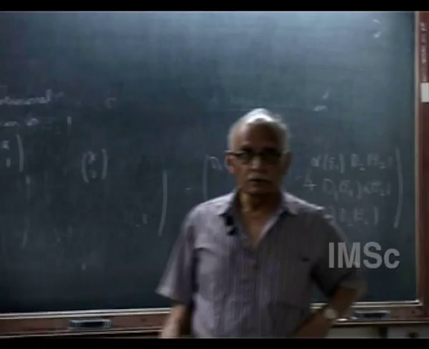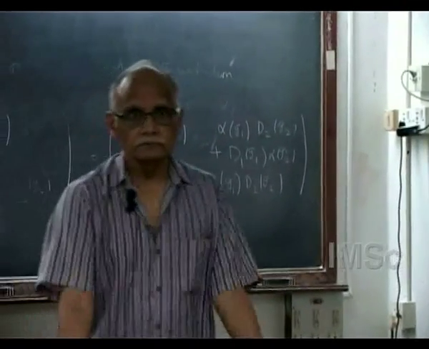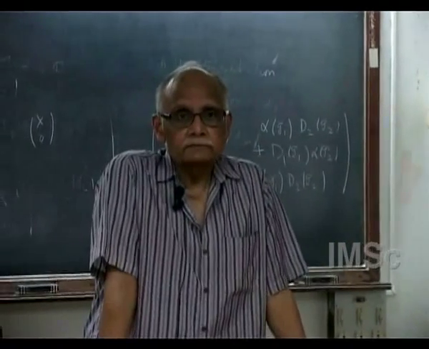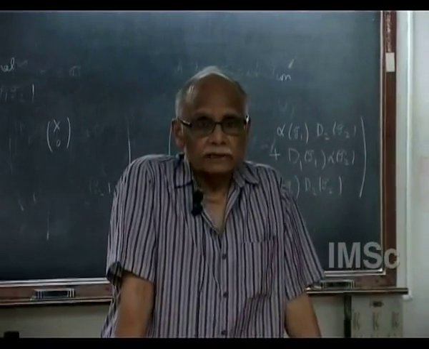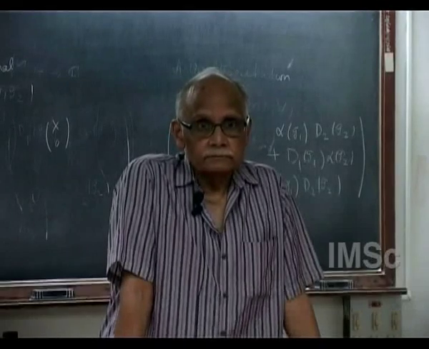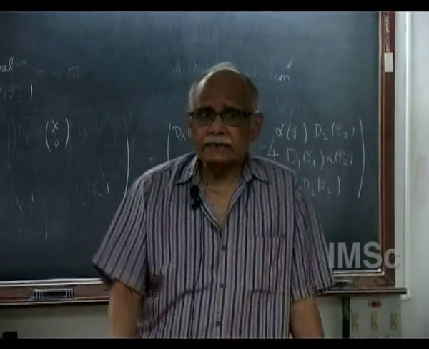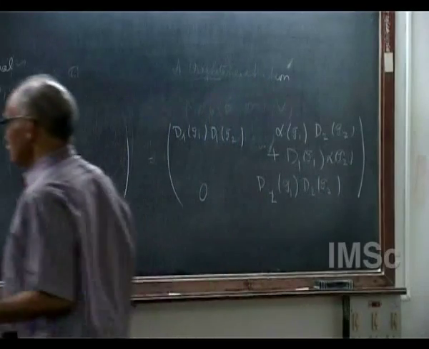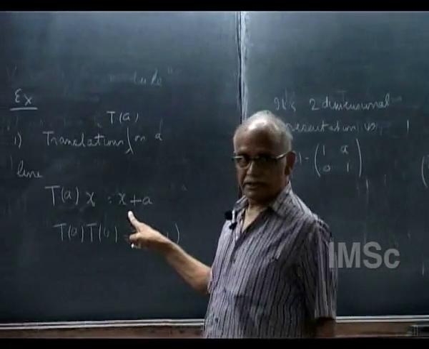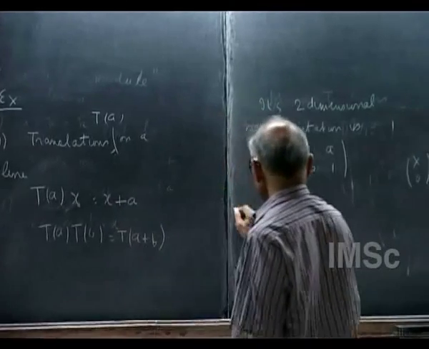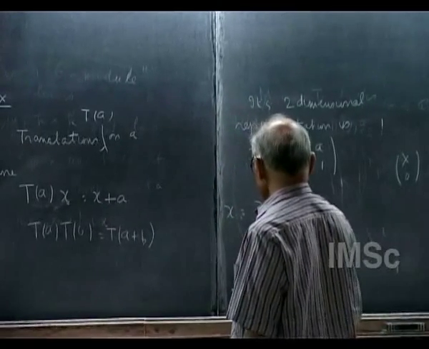Seems like the translations on a line are a one-dimensional system, and the representation is two-dimensional. Is this related to what he asked about, the 5-dimensional representation? It is related to that, because what you do to get this is you homogenize it. Think of this x as a homogeneous coordinate, that is, you write x as x1 over x2.